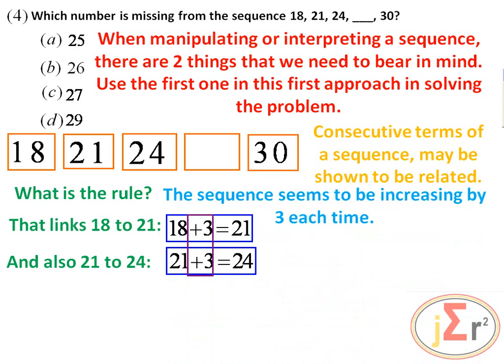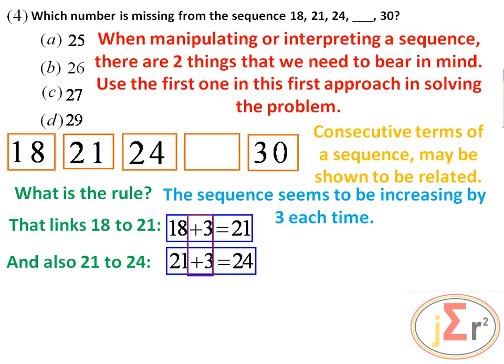So the sequence seems to be increasing by 3 each time. I am not saying that it is increasing by 3 each time, because if the rule is broken somewhere in the middle, then we will have some difficulties. We are just using what seems to be the case, and by putting it through the test, we may prove that it is actually the case.